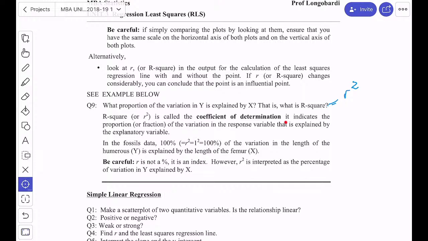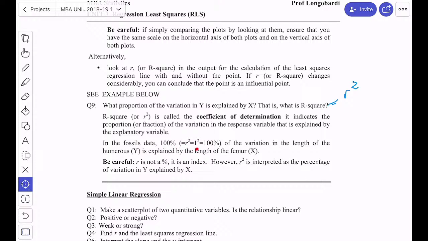It's called the coefficient of determination. And we actually interpret this not as an index as r was. Now we interpret it as the proportion or fraction of the variation in the response variable that is explained by the explanatory variable. So in our example with the fossil data, it was 100%.